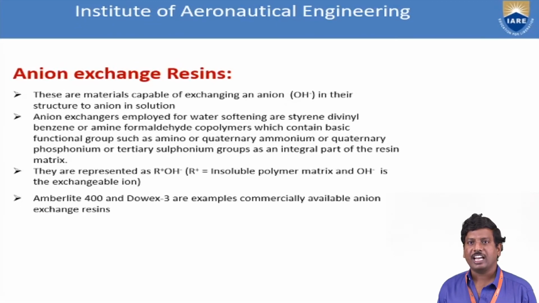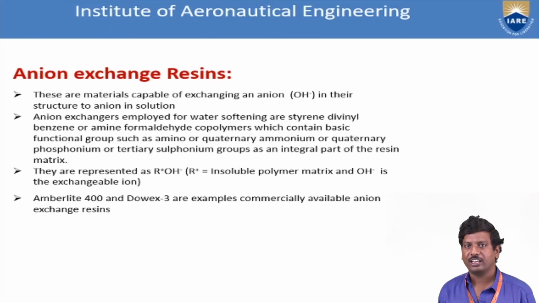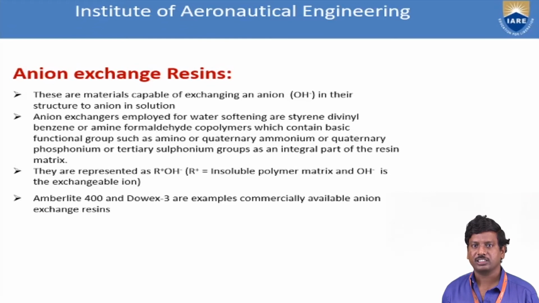And next one is the anion exchange resins. These are the materials capable of exchanging an anion in their structure to an anion in the solution. For water softening, styrene divinyl benzene or amine formaldehyde copolymers are used, which contain basic functional groups such as amino, quaternary ammonium, quaternary phosphonium or tertiary sulfonium groups as an integral part of the resin matrix.